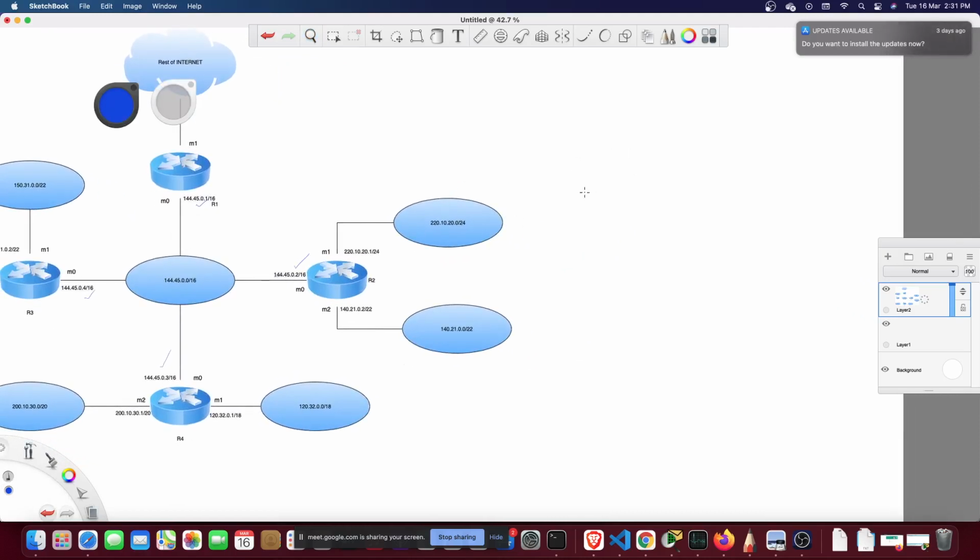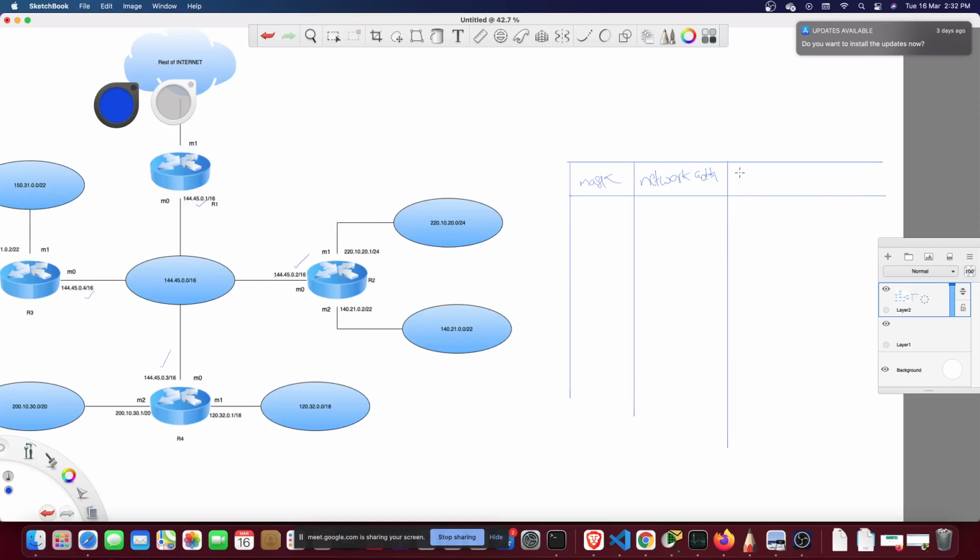If you are constructing a routing table, how many columns? First one is mask. Next column is network address.